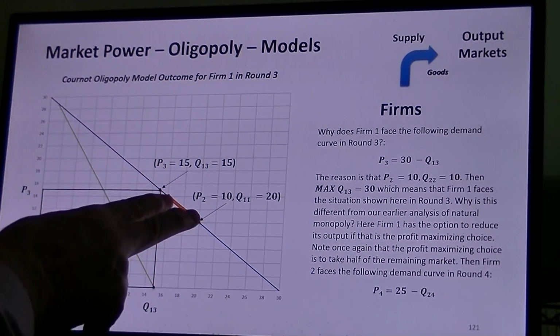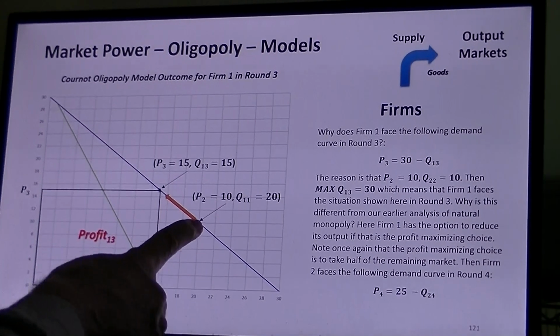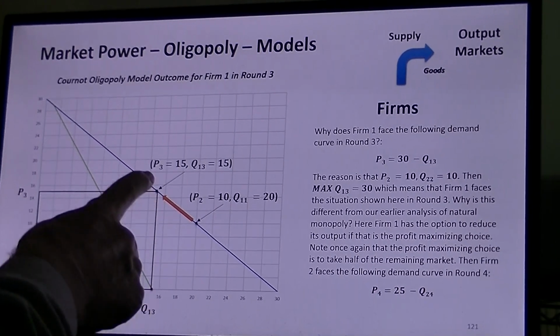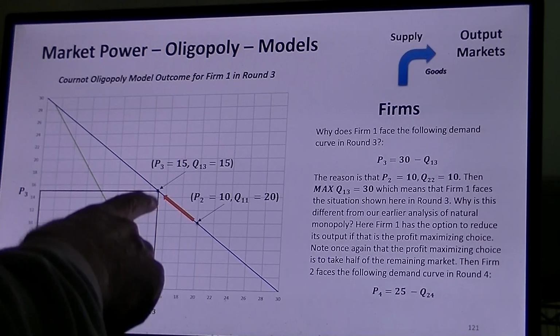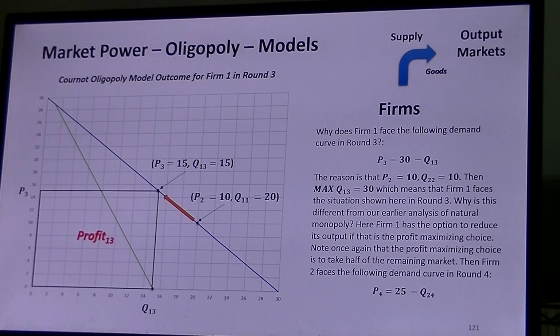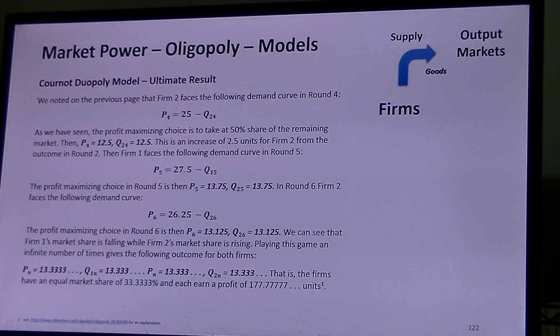And you can see that firm 1 has reduced its output and lowered its price from the initial position because it faced the remaining market.